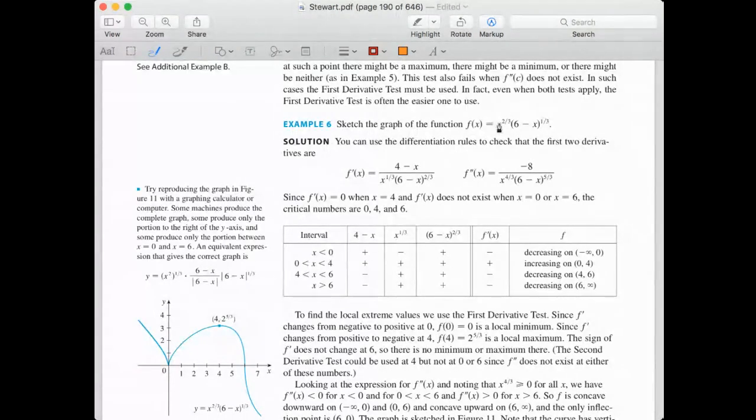So let's find the first derivative. We use the product rule, right? The product rule says take the derivative of the first one. Think about this as two functions, a product of two functions.